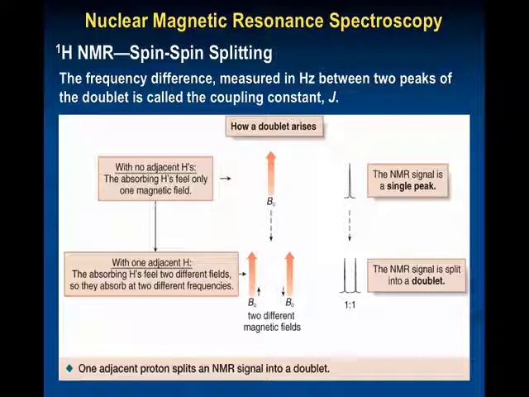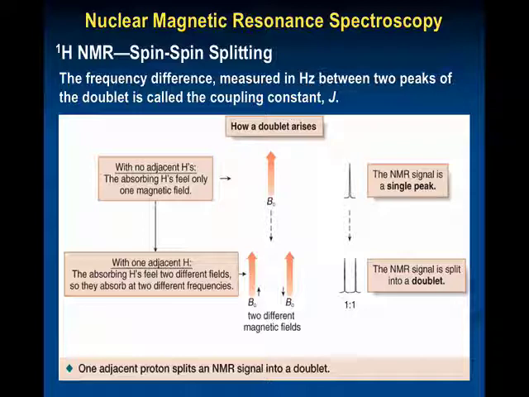And that neighboring proton can either spin in what direction? It can either spin up or it can spin down. Can it spin anywhere else? It's quantized, right? It can either be up or down. So what's happening? Well, the proton that we started with is feeling B0 plus the magnetic field from the neighboring proton, but that has two states, either up or down, and these are different magnetic fields. And so you end up with a doublet.